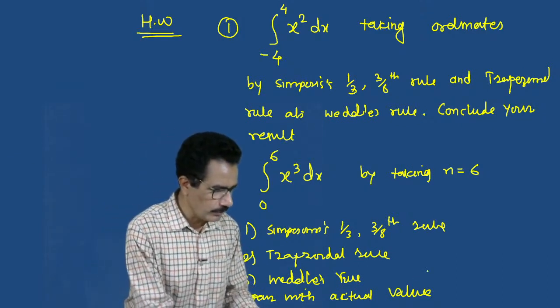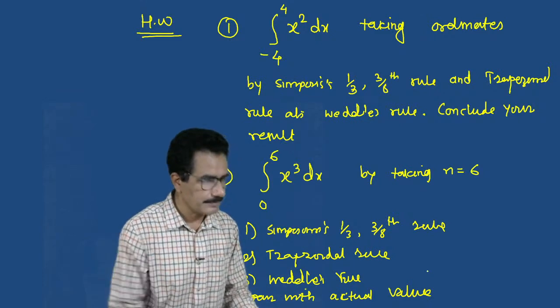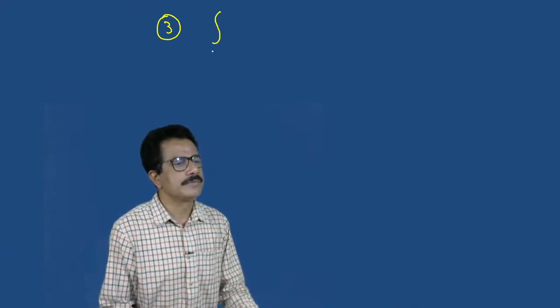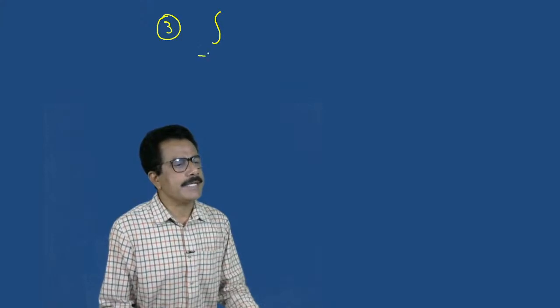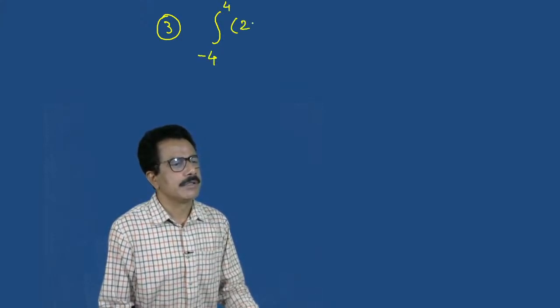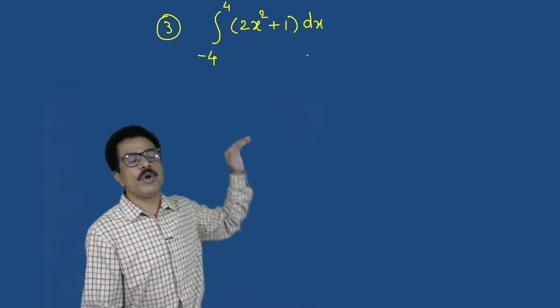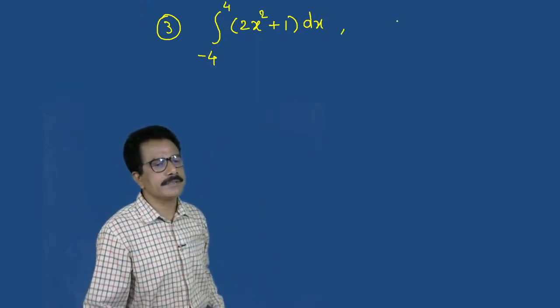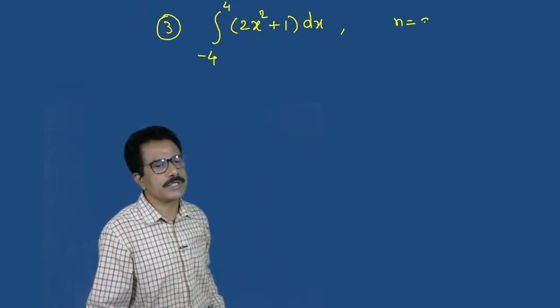Now we shall move towards the third example. Integral from -4 to 4 of 2x square plus 1 dx. Same, you have to calculate taking n is equals to 8.